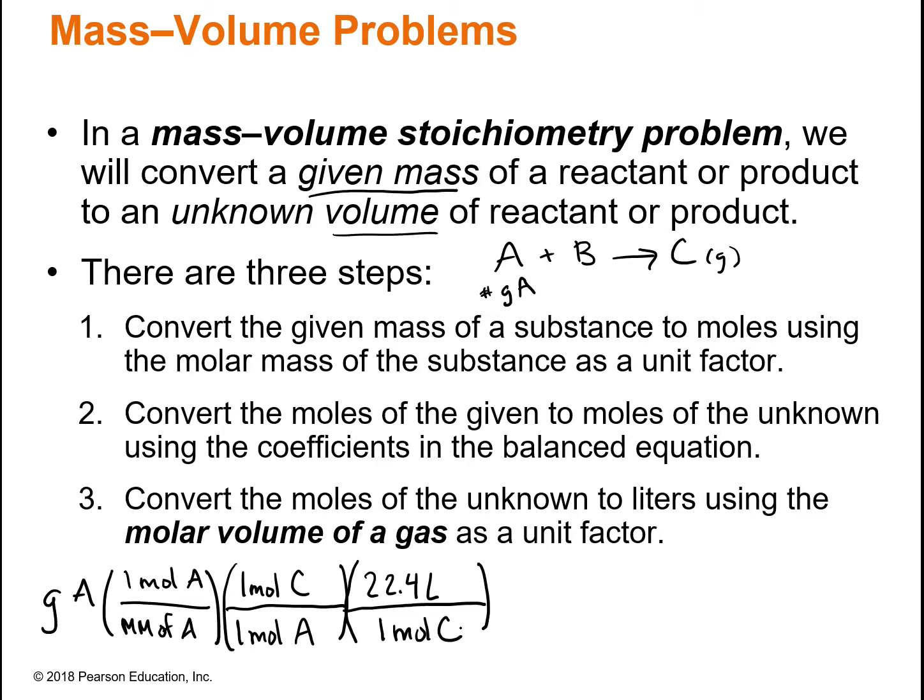Remember, in 1 mole of gas, there's 22.4 liters. That's how you get from mass to a volume. Now let's put a little bit of realness to it and do a problem.